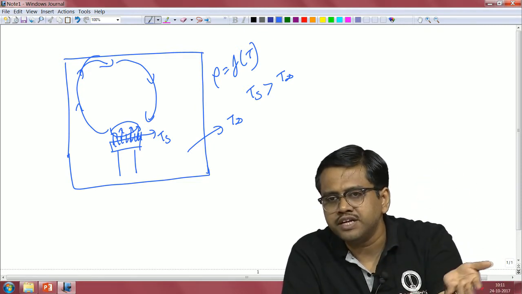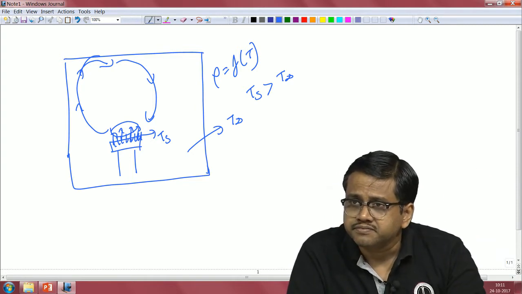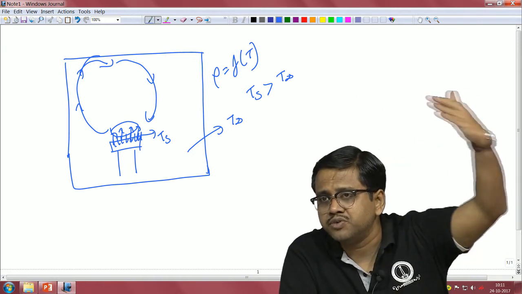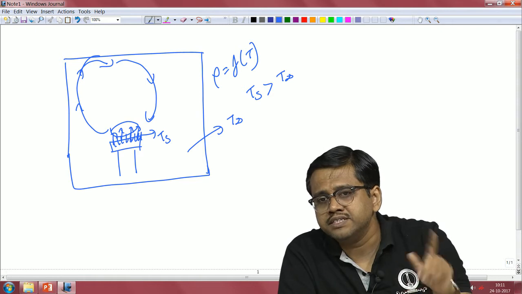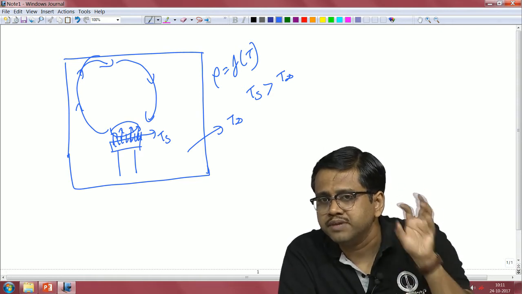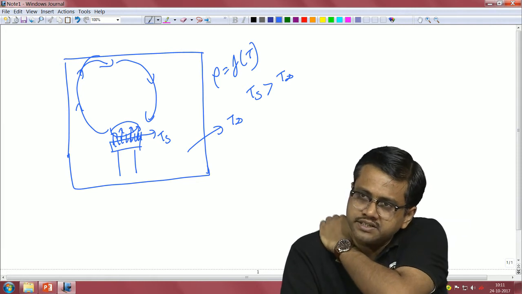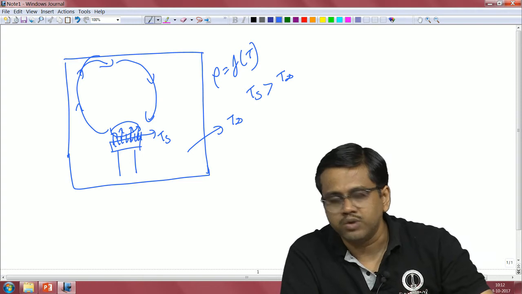Now, this is something that you have commonly seen in your weather patterns. Air gets heated, it goes up, and then you create what we call a convection current. But here the driving mechanism is not a forcing, not something that you are actually using. It is basically the density gradient, or the change of density with temperature, that is actually creating the whole thing.